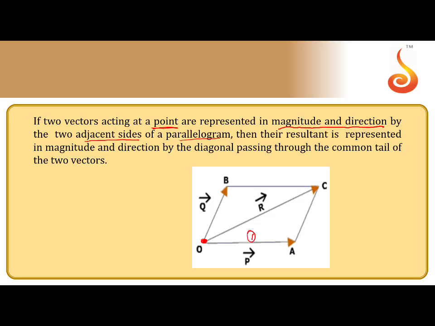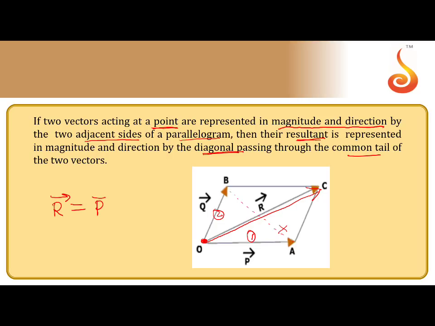Side 1, side 2, they are the adjacent sides of the parallelogram. Then the resultant is given by the diagonal passing through the common tail. You observe here, there will be two diagonals. We don't want this diagonal. We want the diagonal passing through the common tail. This diagonal will give you the resultant both in magnitude as well as in direction.